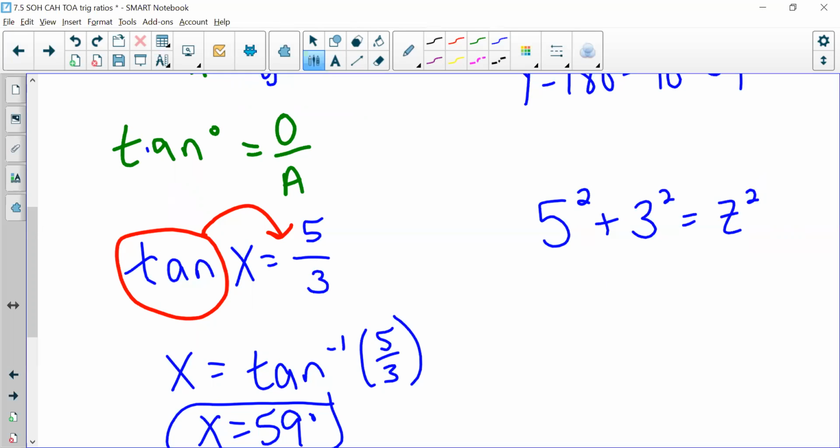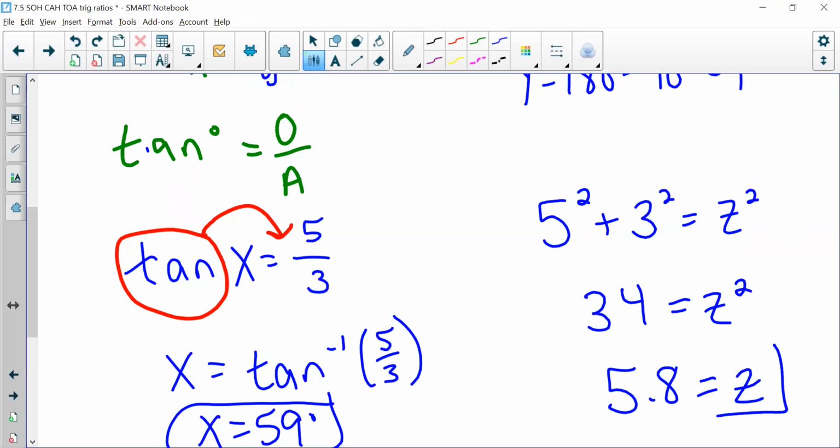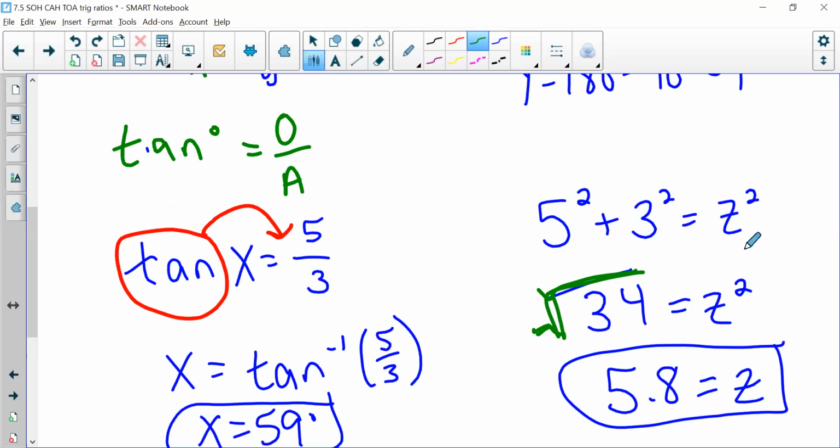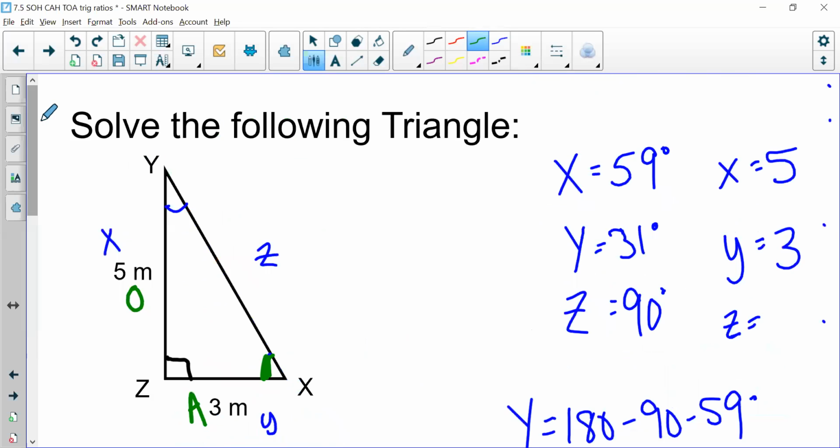You get 25 plus 9, so 34. And then take the square root of it, and you get 5.8. So fill 5.8 up here.